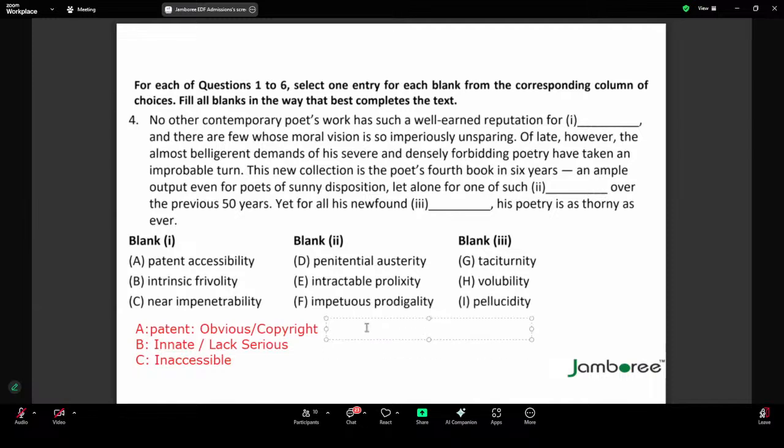This one, penitential, relates to repenting or atoning for your sins.